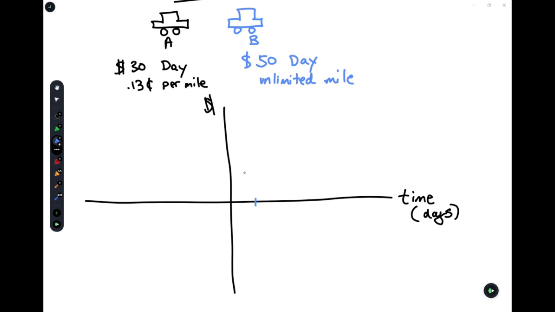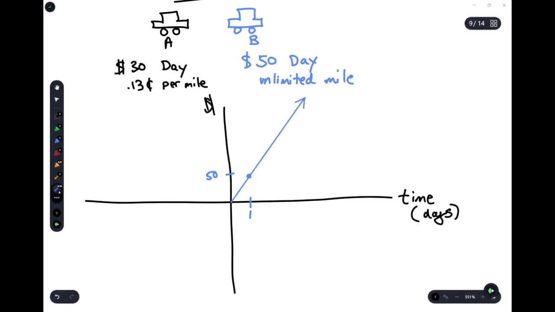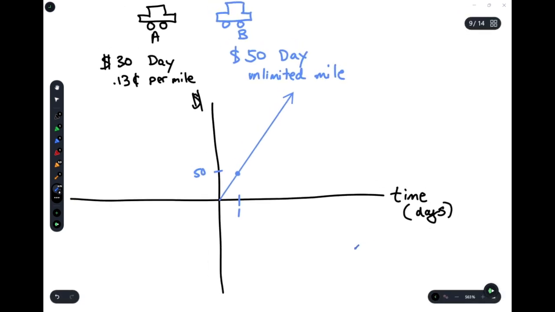So after 1 day, how high did I go up? 50, right? So that would be 50. That would be 1 day. There's a dot there. Days is on the bottom. 1 day, $50. Right? Now, what about the other guy?